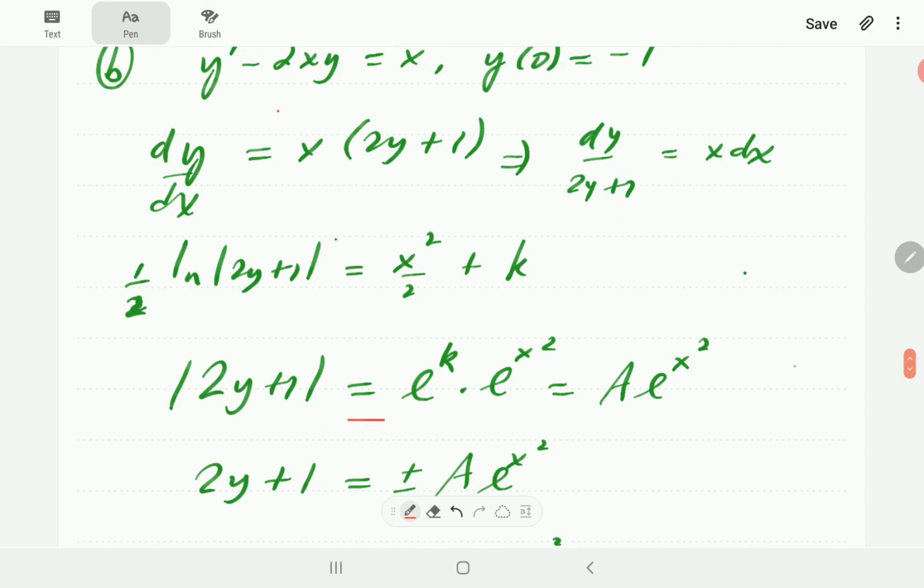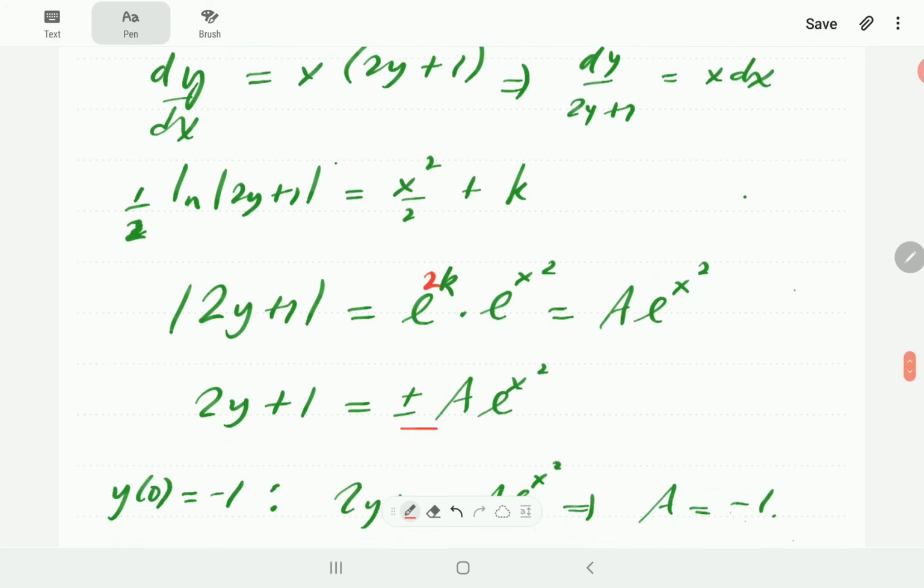If we take exponentials on both sides, that's what we're going to get. Maybe let me just put a 2 here, because we multiplied out by 2 first, and then e to the 2k is a constant. Let's call it a. And then if we remove the absolute values, it means 2y plus 1 is plus or minus a e to the x squared.